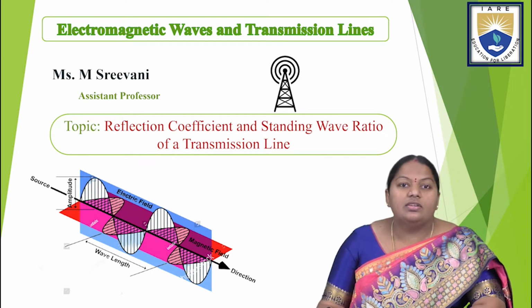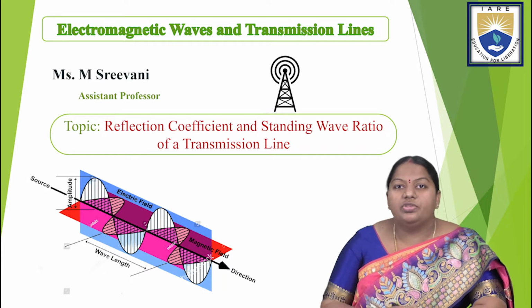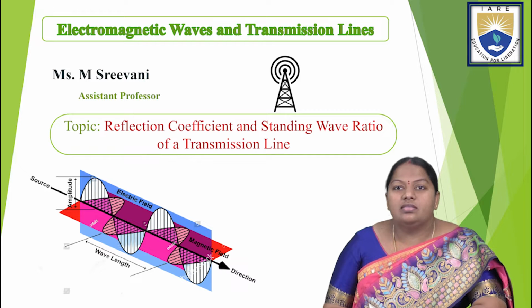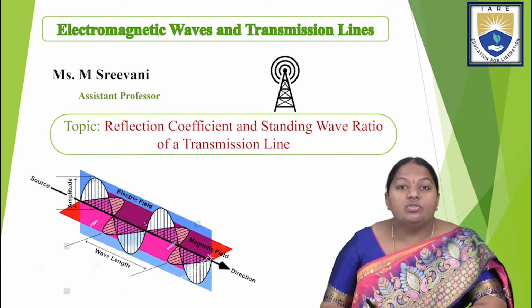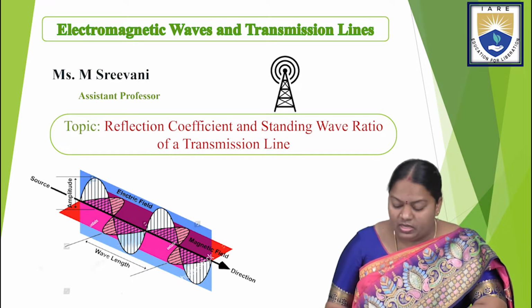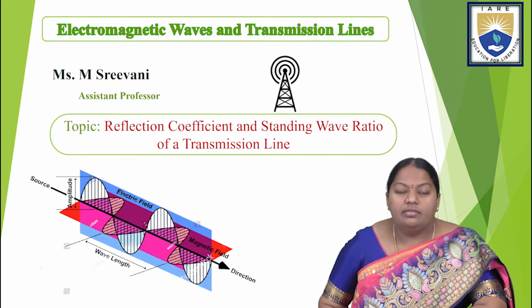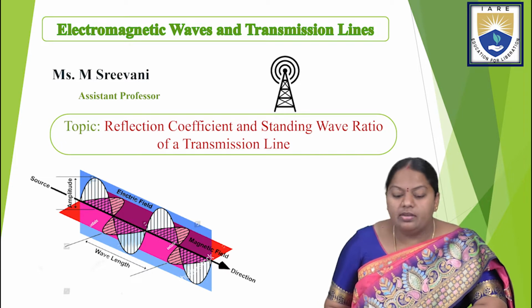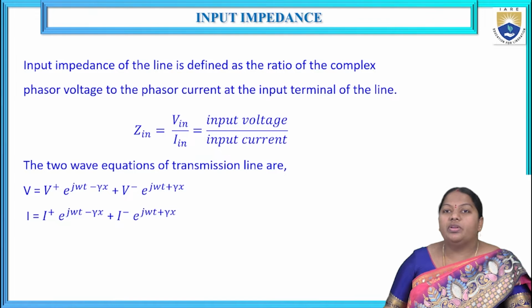So, in today's lecture, we are going to learn about one of the topics in electromagnetic waves and transmission lines: reflection coefficient and standing wave ratio of a transmission line. Before going to derive the mathematical equations for the reflection coefficient and standing wave ratio of a transmission line, let me introduce the definition of input impedance.